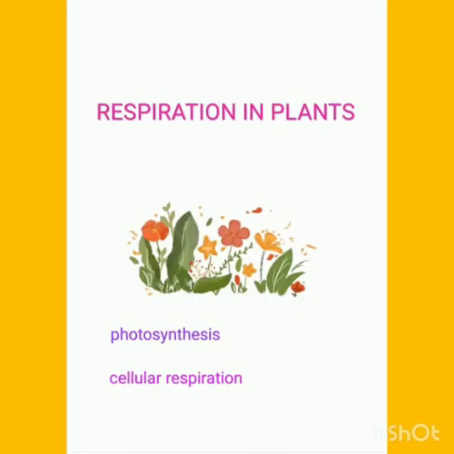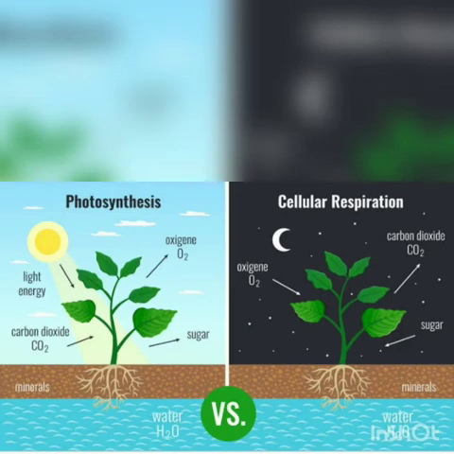Our today's topic is respiration in plants, that is by means of photosynthesis and cellular respiration. Respiration in plants takes place by two methods. First is photosynthesis and second is cellular respiration. Here we'll discuss the topics in detail. As you are able to see on the screen, there are two partitions of the screen at present.